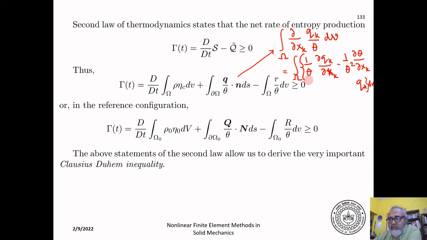So this is how it will split, and then you will apply the Clausius-Duhem inequality again, and then bring in the first law.